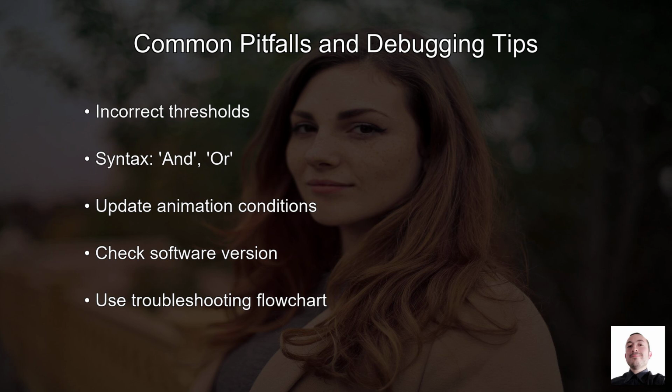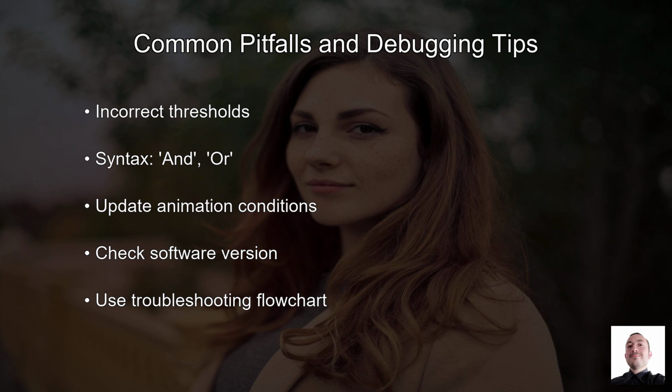Now, let's dive into the common pitfalls and debugging tips for your animations. One frequent issue is setting incorrect thresholds for color changes. Ensure your thresholds are logical and cover the entire range of your variable. Another pitfall is misunderstanding the syntax for bitwise operations. Remember, for bitwise and use and, for or use or. If your animations aren't triggering as expected, double-check your logic expressions.